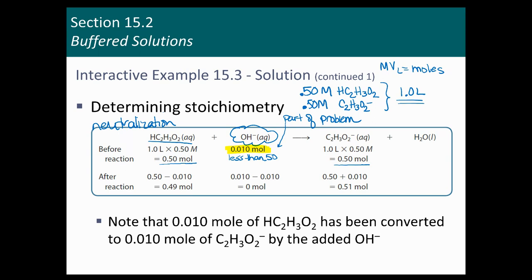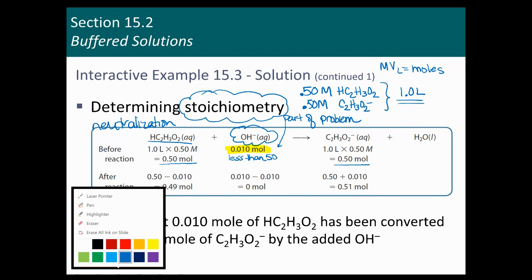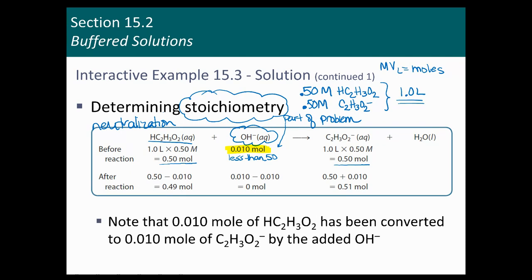And then the stoichiometry. So now we're back on Chem 200 footing. The 0.010 moles is neutralized. And it's neutralized completely because it's the limiting reagent.